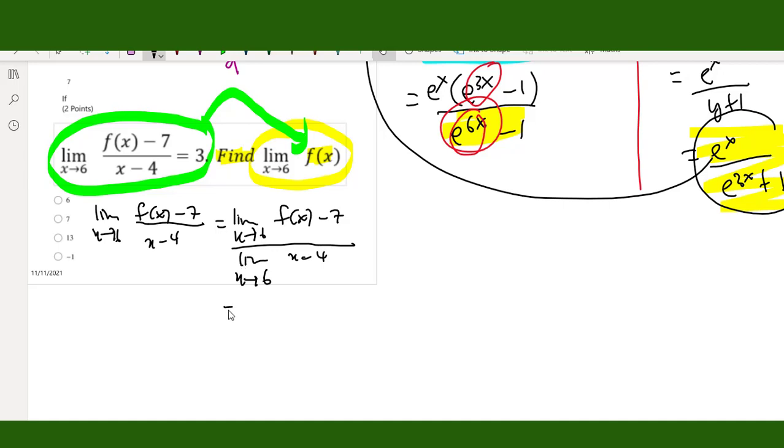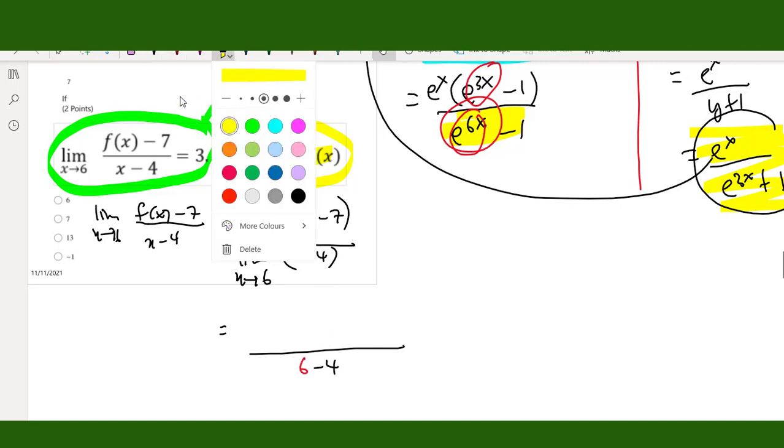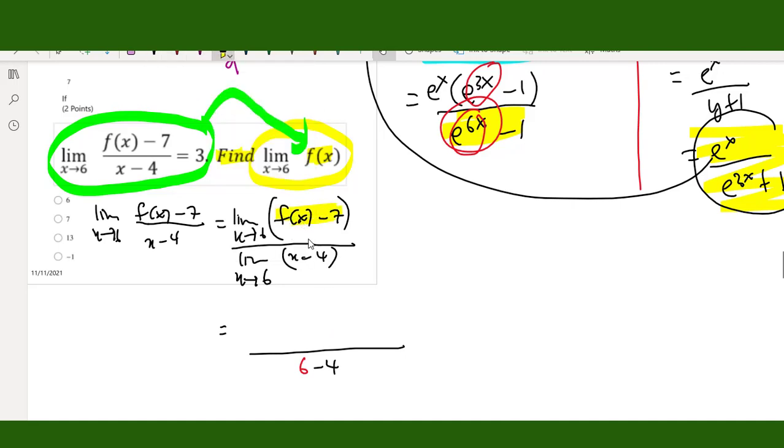And then here it is in brackets. For the denominator, this limit you can substitute the value here: 6 minus 4. Settled. For the numerator here, also can be separated using the property of limit. The two terms can be separated, find the limit separately.